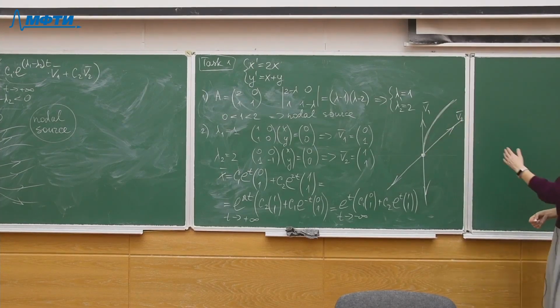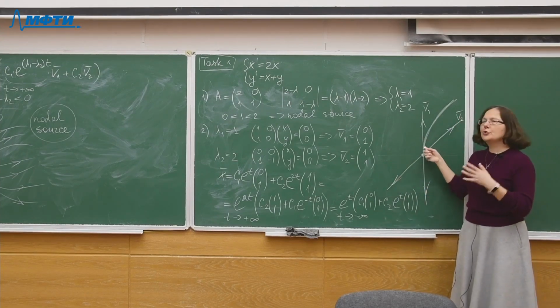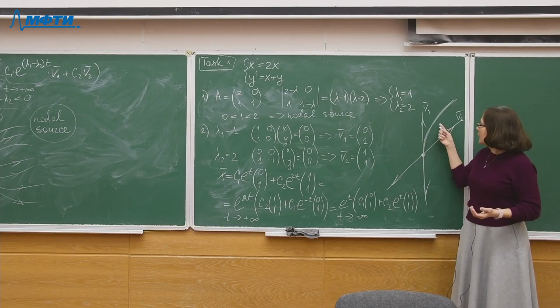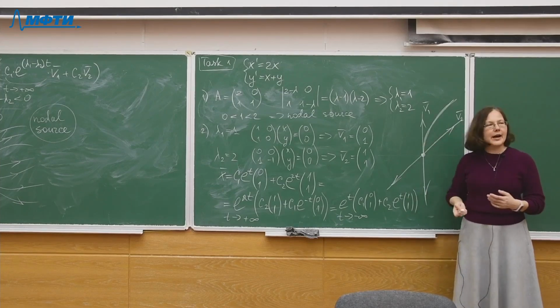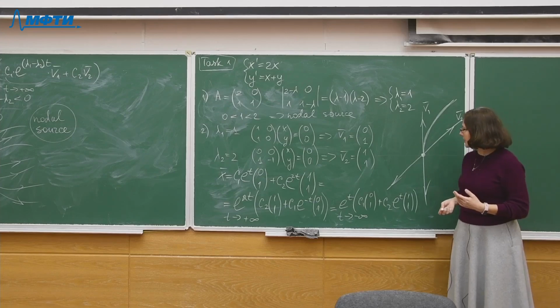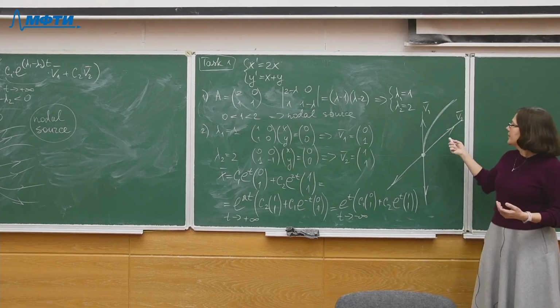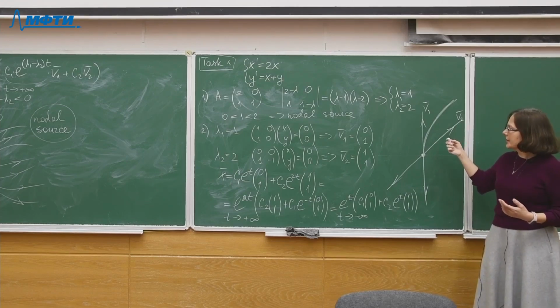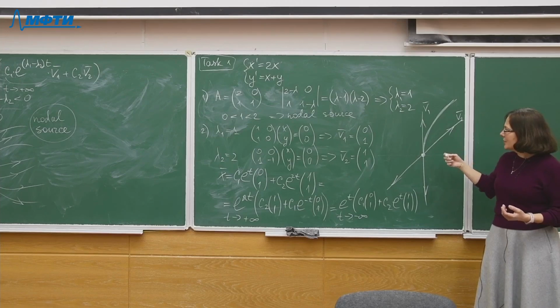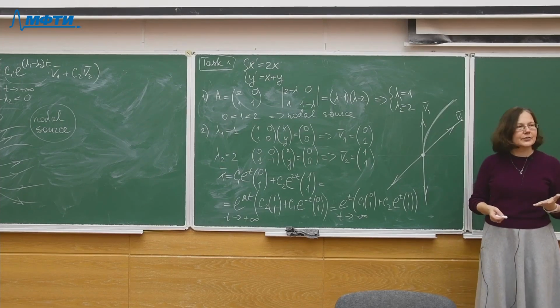So after finding these eigenvectors, we need to determine to which line our trajectories are tangent. Which line will be the tangent line for our trajectories, right?